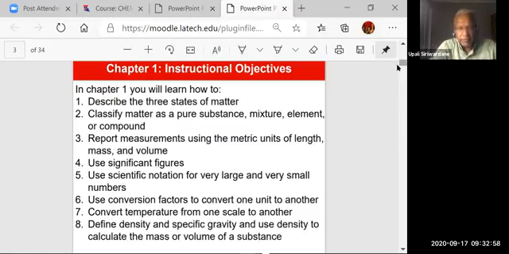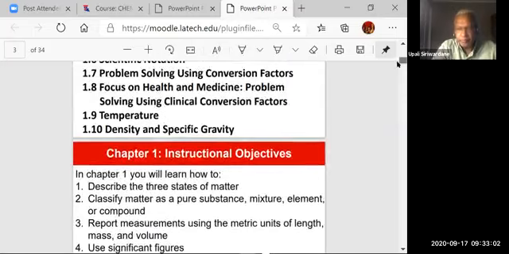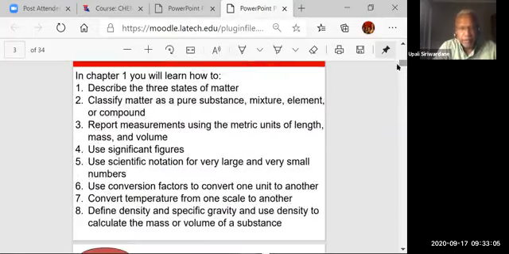Okay, classification of matter into pure substances, mixtures and elements, then measurement using metric units, mass and volume and length units, and you need to know how to tell the significant figures in a measurement.